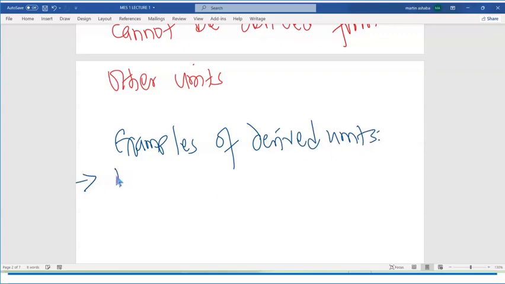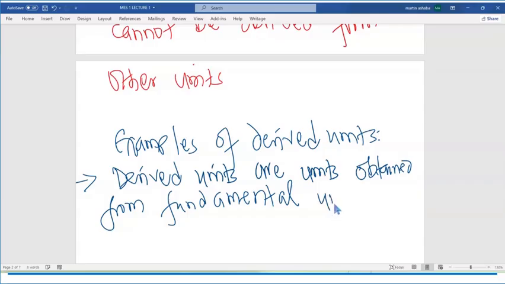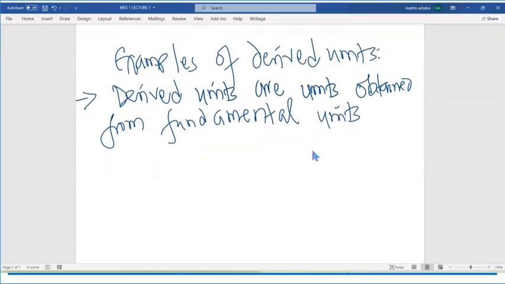And we said derived units are units obtained from fundamental units. Are we together? Yes, we are together. Okay.